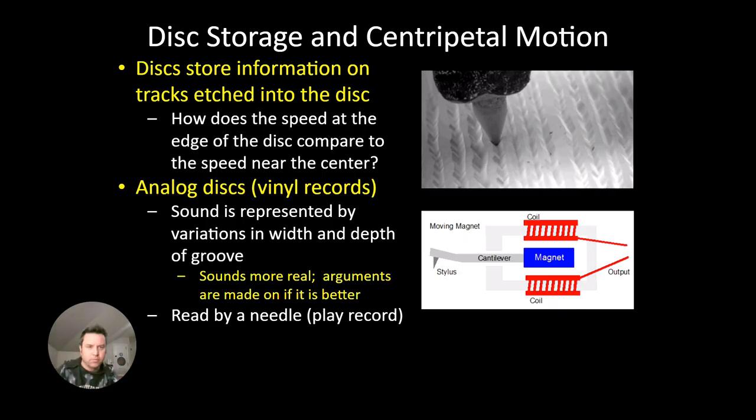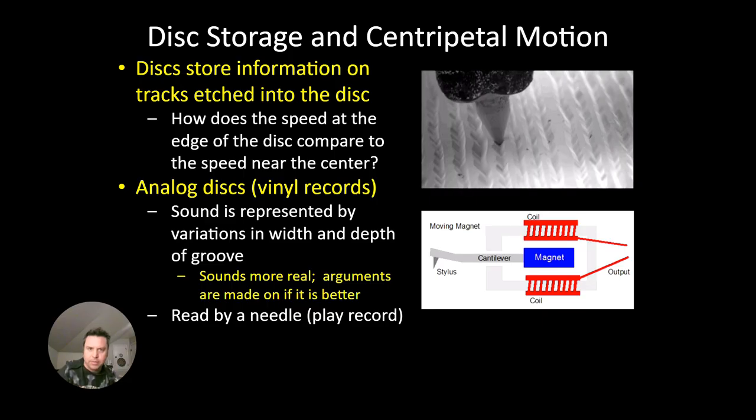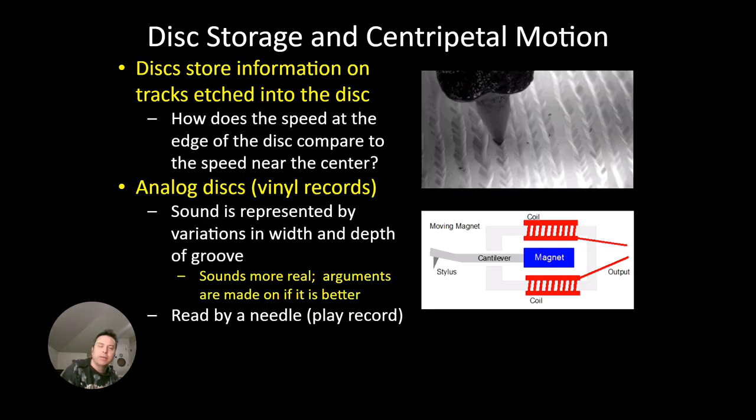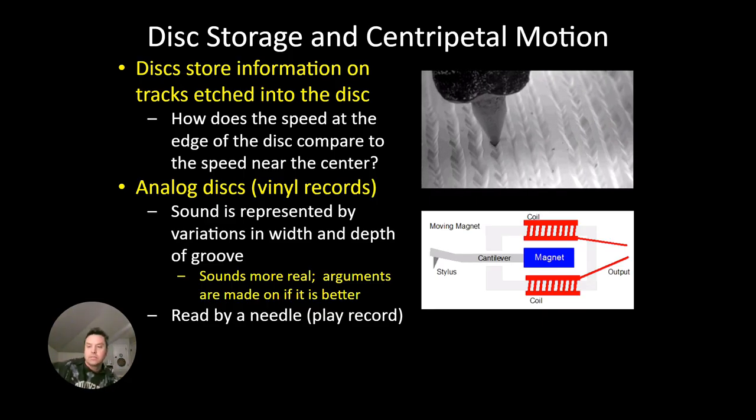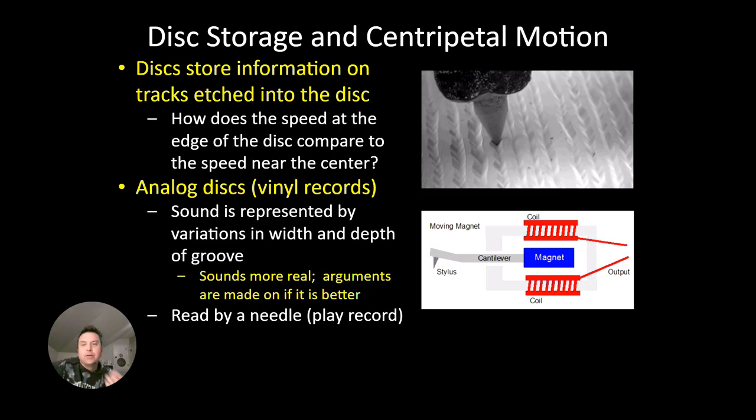They're interesting if you've ever come across one. The needle vibrates in these little grooves, and then that needle's hooked to a magnet, which this coil of wire picks up that vibration from and can translate it to sound through a speaker. But it's a rotating disc. And then how does the speed at the edge of the disc compare to the speed near the center? And it's just like the merry-go-round.